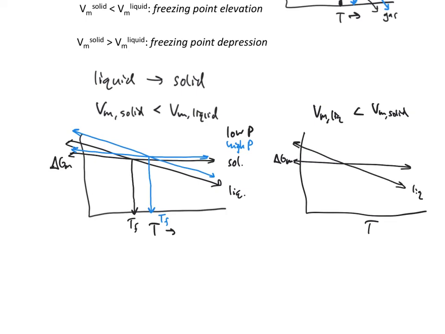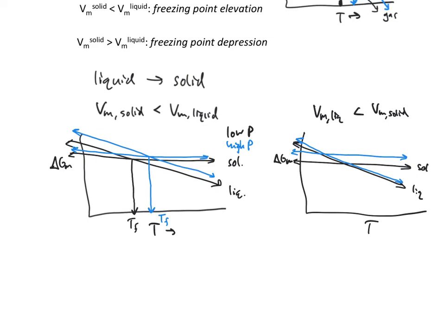So this one with the larger slope is still the liquid, and this one with the gentler slope is the solid. But now, when we go from low pressure to high pressure, the solid is going to jump up more than the liquid is going to.